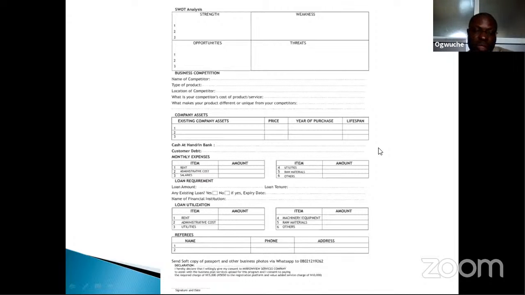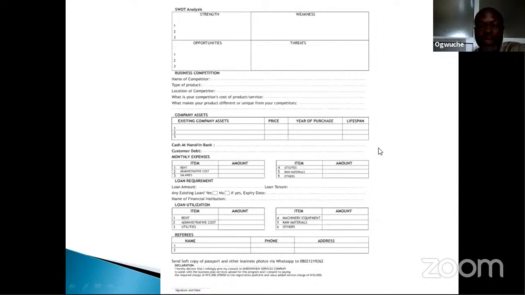But if you are an existing business, you can access up to 10 million naira. So that's where the difference is. So for the loan amount, if you're a startup and you want the highest amount, you indicate 5 million naira. If you're existing and you want the maximum amount, you indicate 10 million naira.